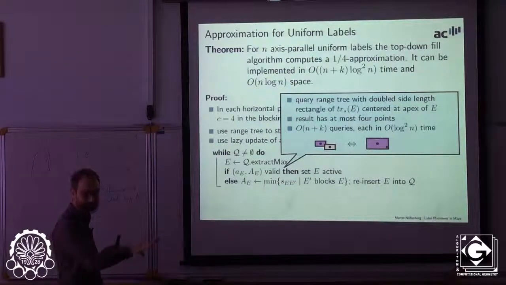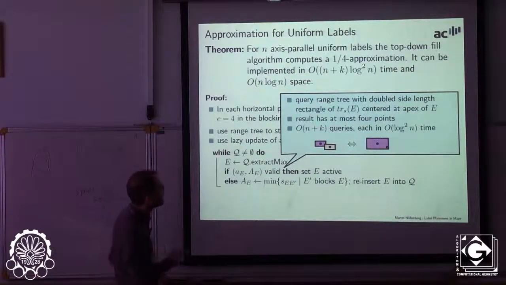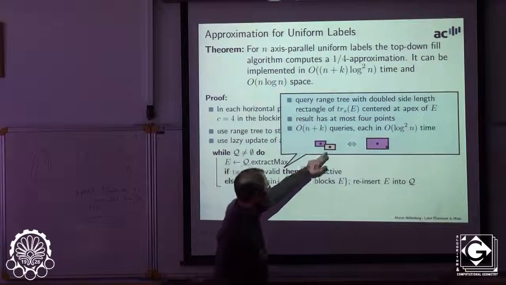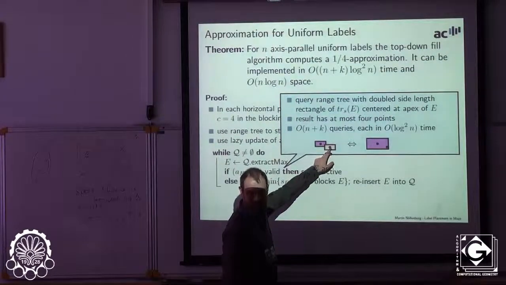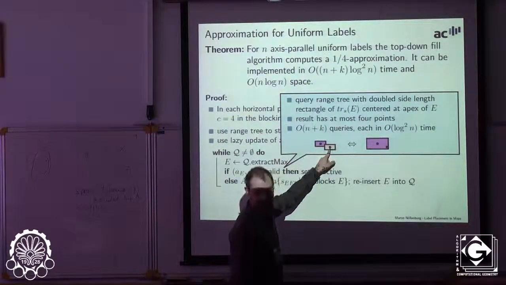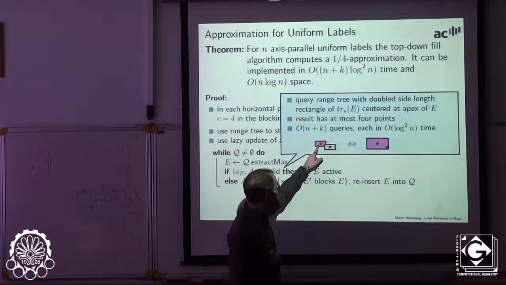So we have placed some labels and they will be there in the plane. And the question is, can we add a new one? So basically this, the yellow one, is a label that has already been placed. But we don't put the labels into the range tree, we put the center point of the pyramid. And now we want to know if this purple label here can be placed together with the yellow label.